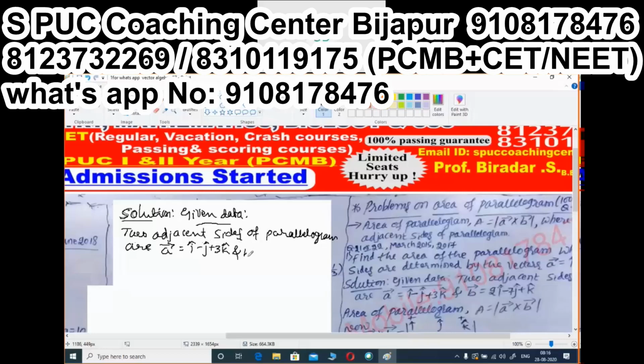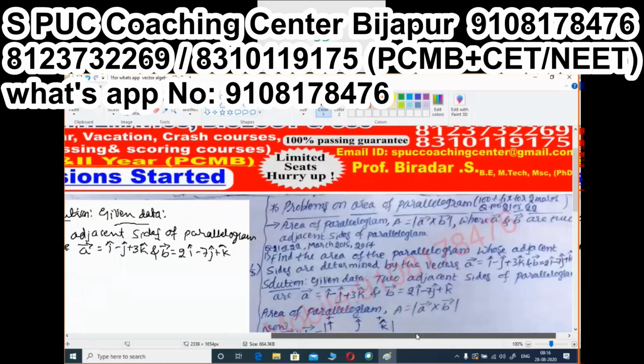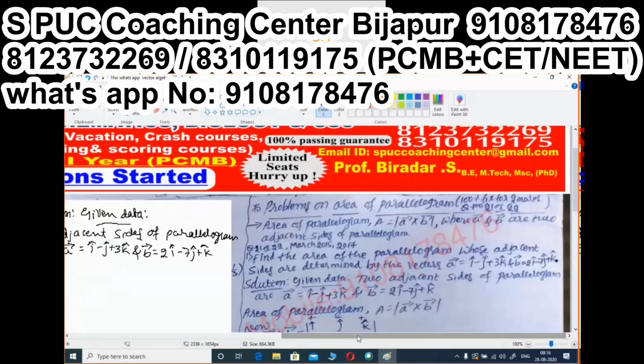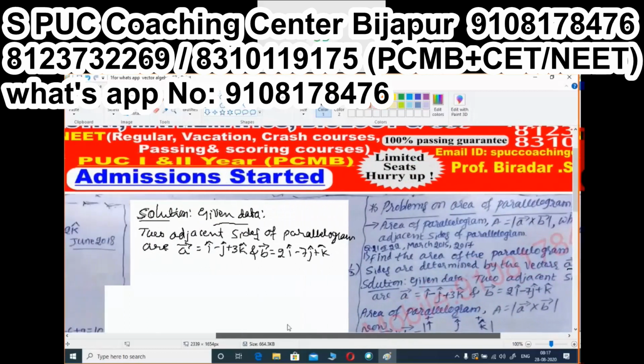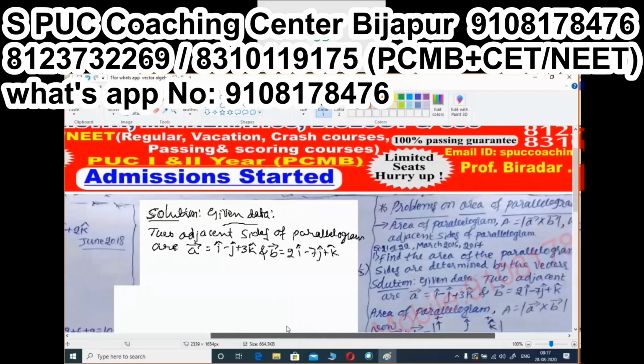And B vector concerned to the second adjacent side, B vector is equals to 2i cap minus 7j cap plus k cap. Here he has given clearly in the question itself the A and B. Okay, that is fine. Then he has asked to find the area of a parallelogram.